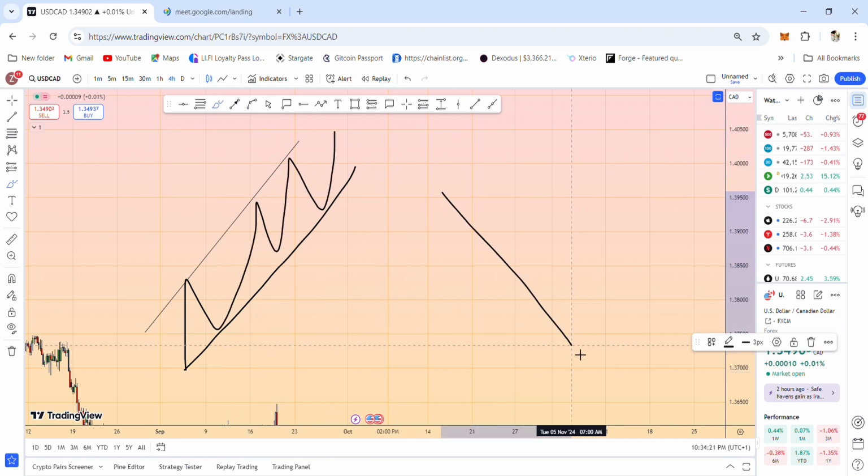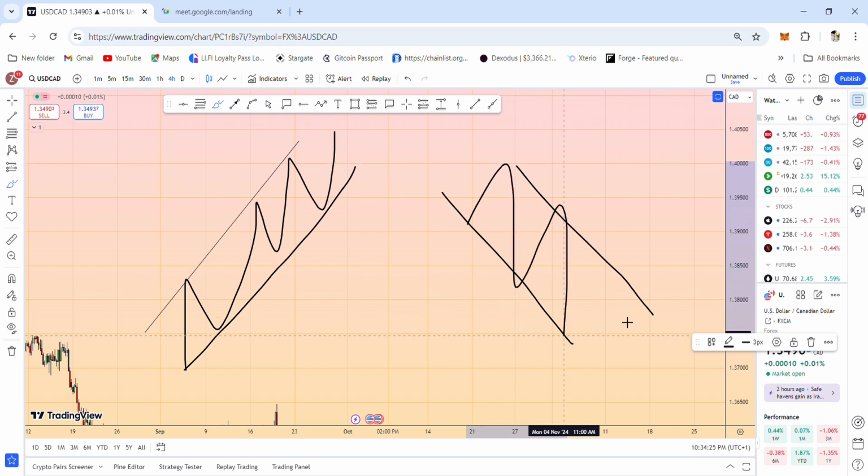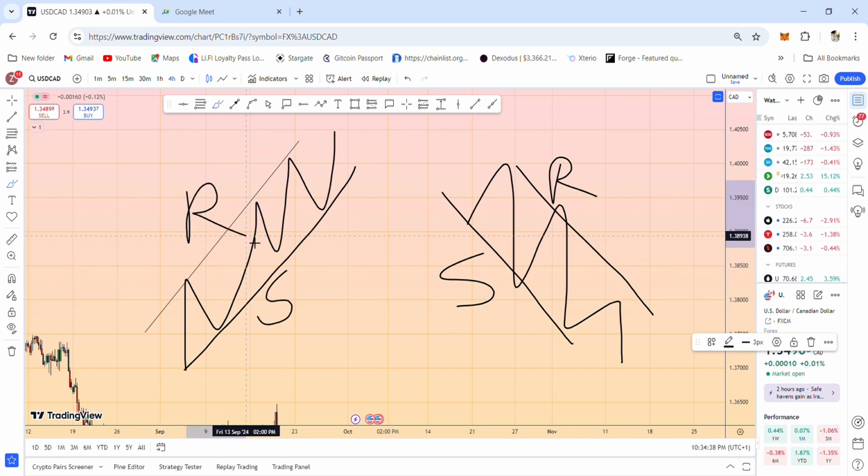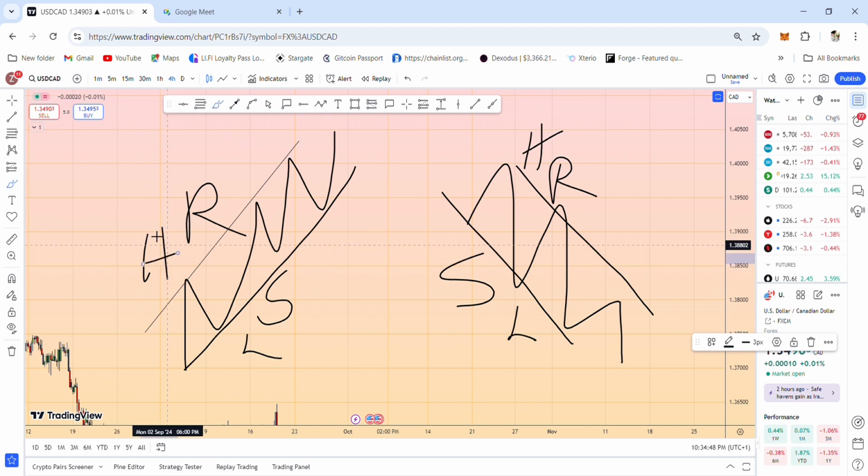If it's in a downtrend, it's literally like this. So here is our resistance, here will be our support. If it's in a downtrend, this is an uptrend, here will be the support, here will be the resistance. Don't forget, highs are the resistance, lows are the support. Lows are the support, highs are the resistance. That's all.